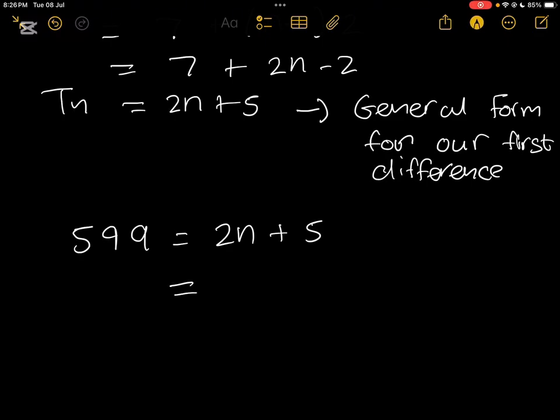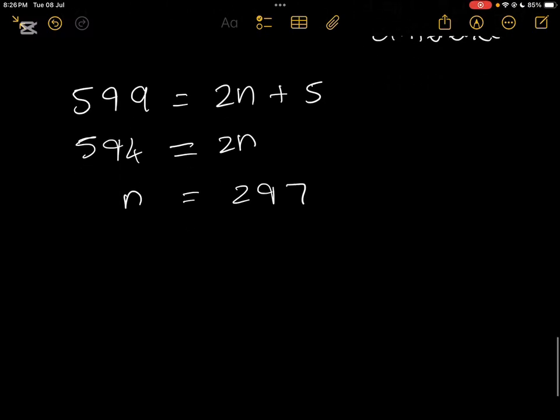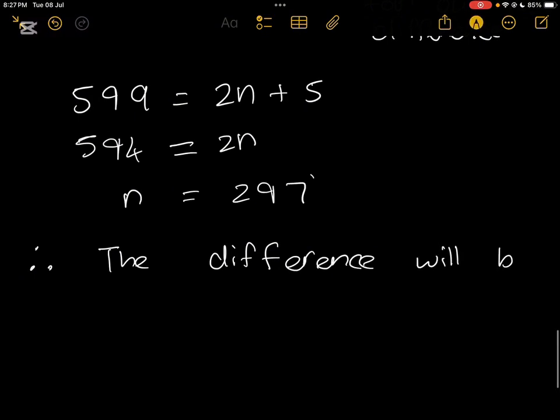And so we know 594 equals 2n, therefore n is equal to 297. So the difference will be between this term, 297, and the following number. So the difference will be between 297 and 298.